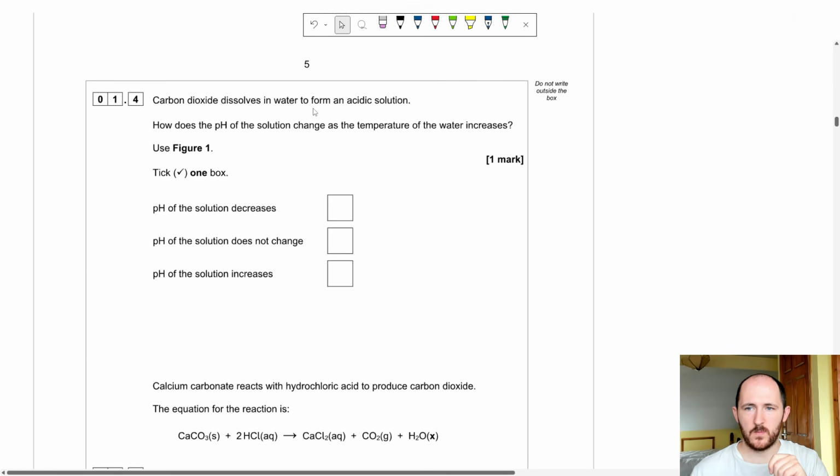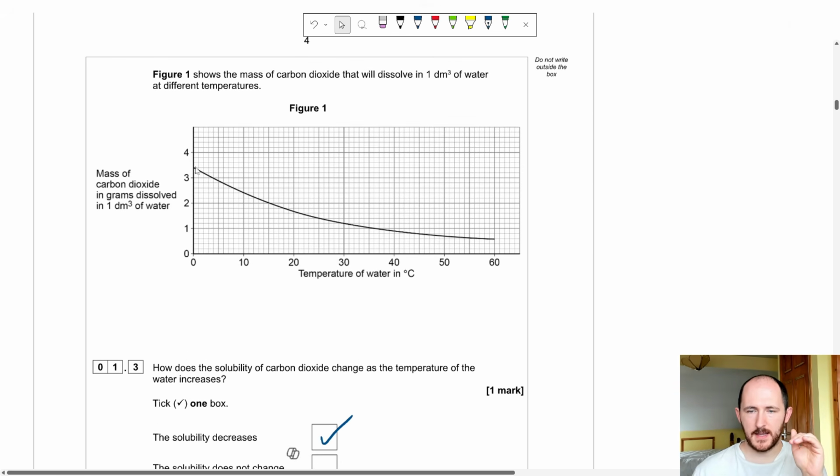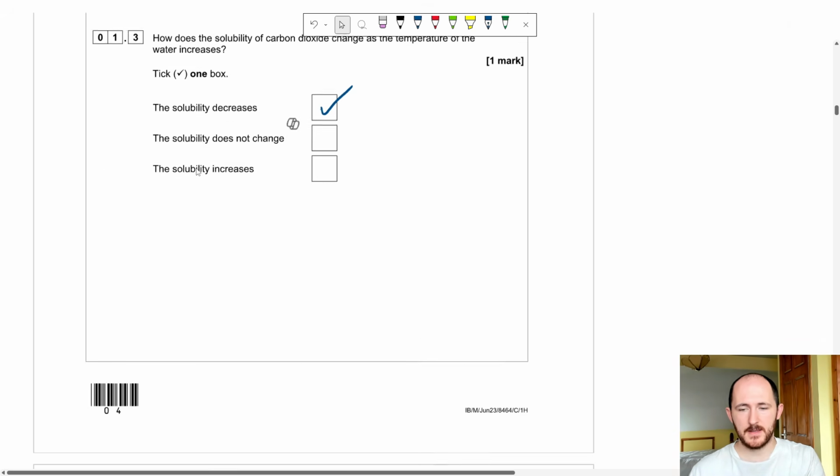Carbon dioxide dissolves in water to form an acidic solution. How does the pH of the solution change as the temperature of the water increases? So let's think about this for a second. If we go back to that, here, because the mass of carbon dioxide dissolved is decreasing as temperature increases, that means the amount of carbon dioxide in the water is decreasing, right?